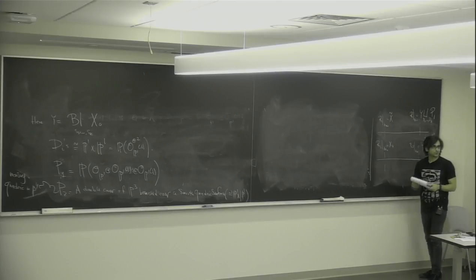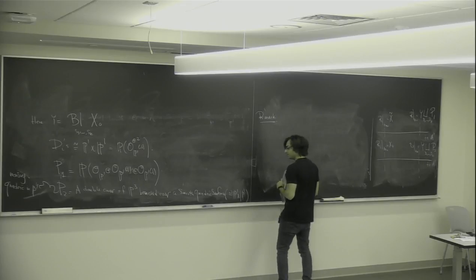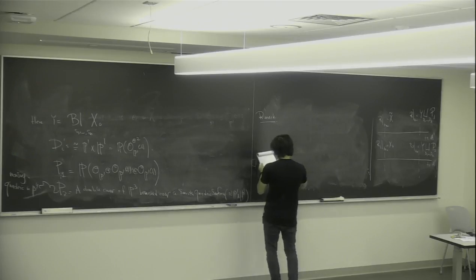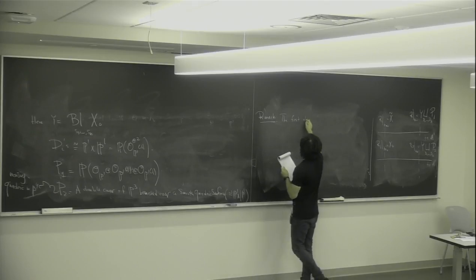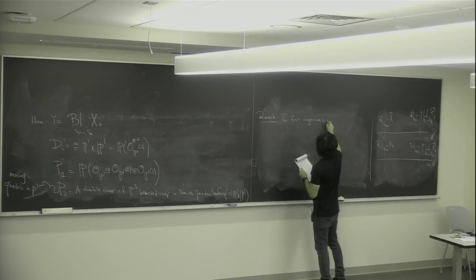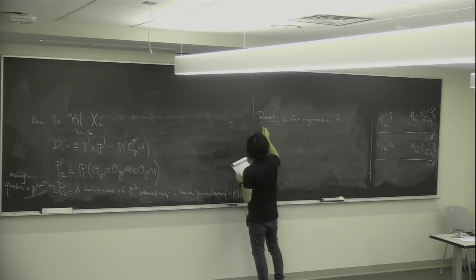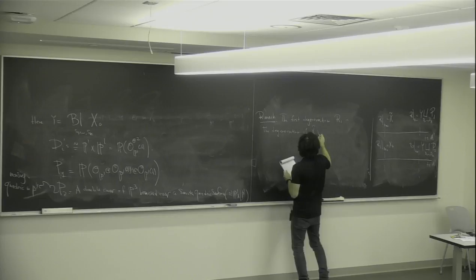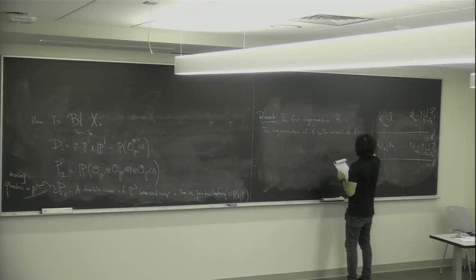So, remark: the first degeneration, whose total space is the fourfold I called R1, is the degeneration of X tilde to the normal cone of the Ei's, the union of the Ei's.